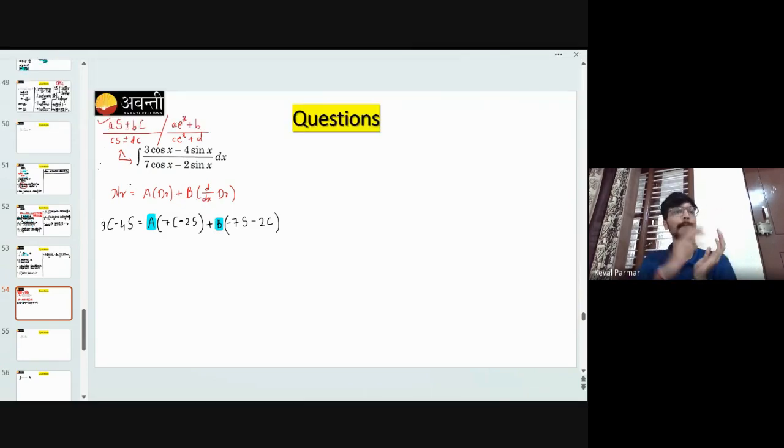We used to compare the coefficients. So here 3 cos minus 4 sin will be equal to... cos वाले साथ में लिख लेते हैं ना.